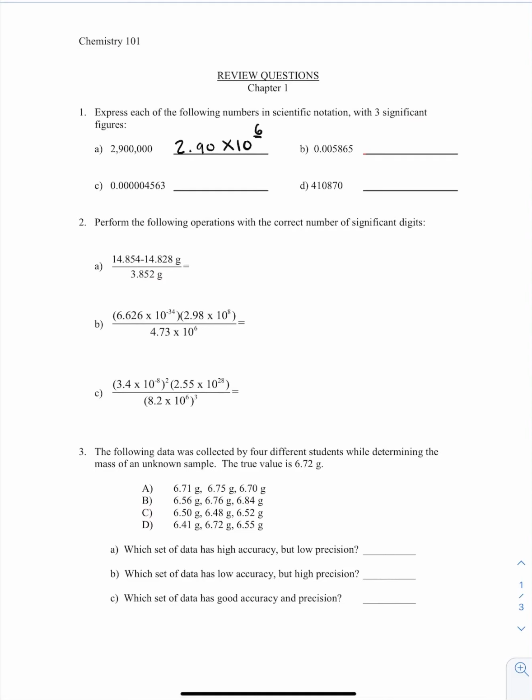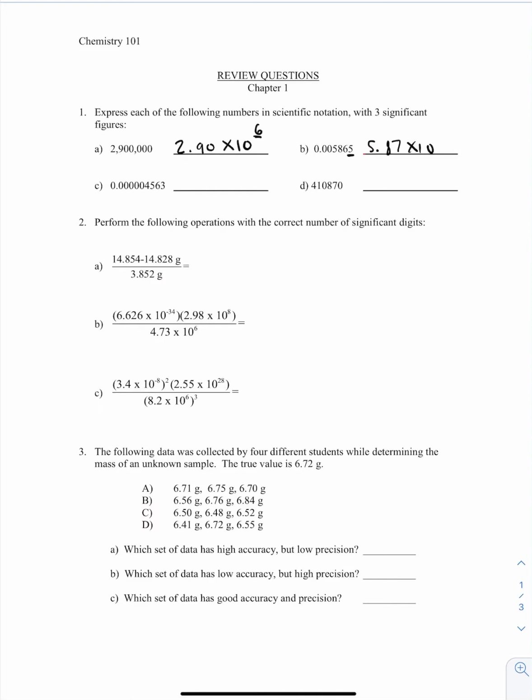So the first thing I'm going to do is write the first 3 sig figs down. So 5.86, but this 6 is next to a 5, so that means if the number next to the last significant digit is greater than 4, I have to round that. So it's not going to be a 6, but it's going to end up being a 7. So it's 5.87 times 10.